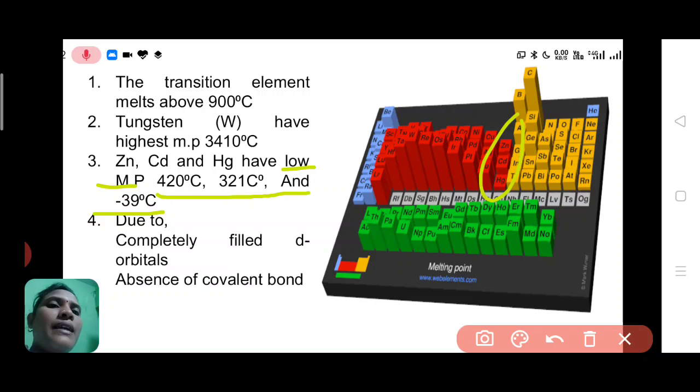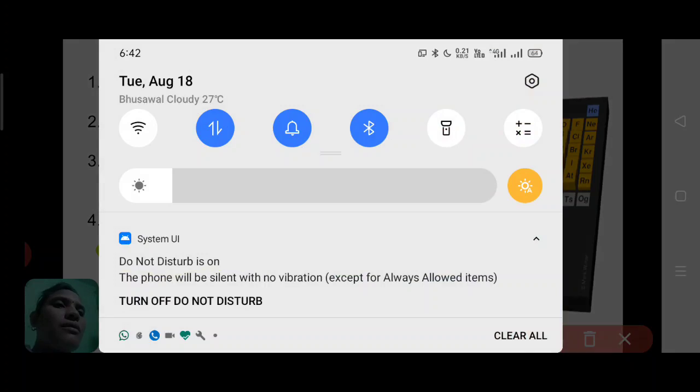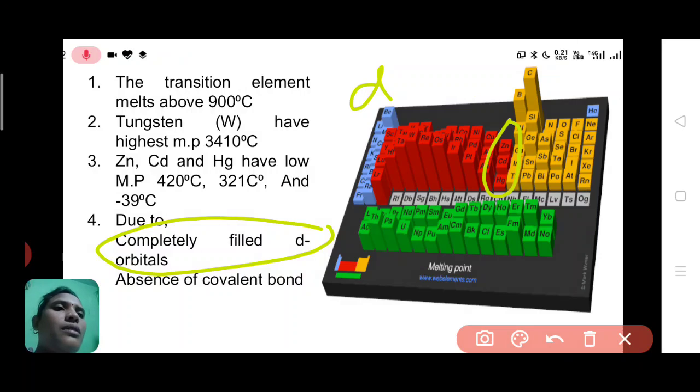So why do zinc, cadmium and mercury have low melting points? Because they have completely filled d orbitals. These three elements show d10 configuration, and d10 configuration is a completely filled configuration.